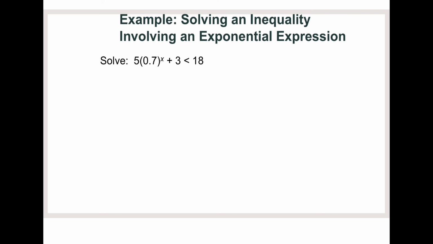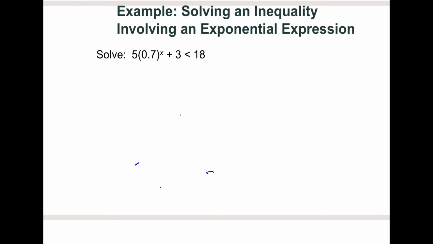For the last part here, we're just going to look at a couple of inequalities, both an exponential inequality and a logarithmic inequality. We follow the same rules, right? We kind of act like it's just an equals sign. There's nothing really different, except that if we multiply or divide by a negative on both sides in the process of solving, we have to flip the inequality symbol around.